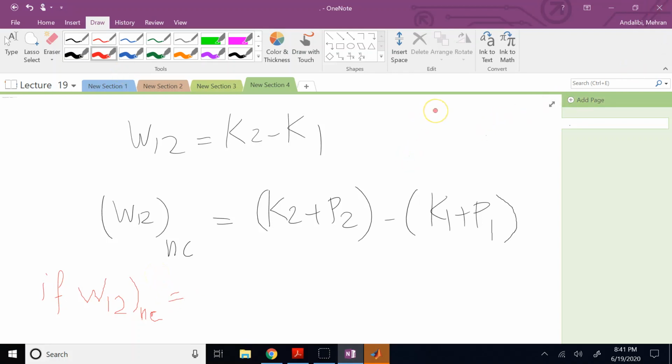Let's see if I can. If this is 0, then I can say that mechanical energy 2 is equal to mechanical energy 1, and it's conserved.